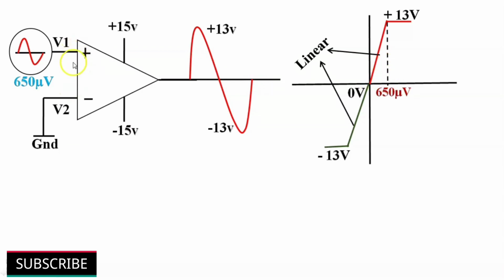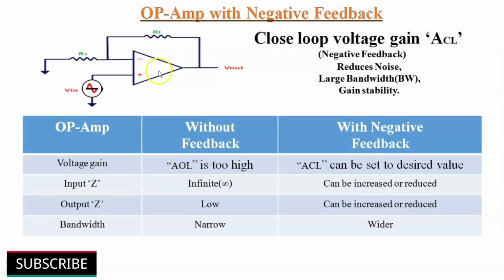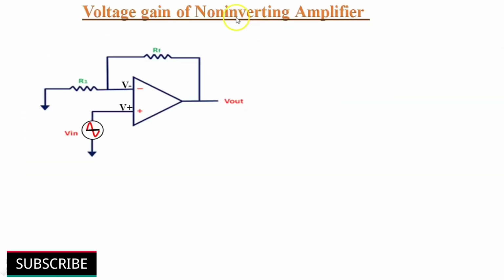That's why in open loop we cannot use op-amp as an amplifier. Because of high open loop voltage gain, op-amp is always operated with negative feedback. With negative feedback, we can reduce or control not only op-amp's closed loop voltage gain, but also input and output impedances, bandwidth and so on.